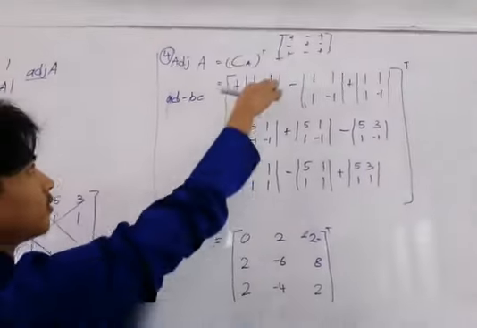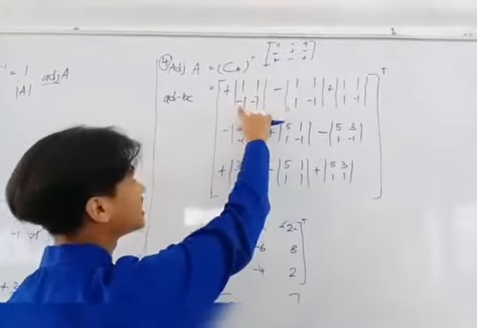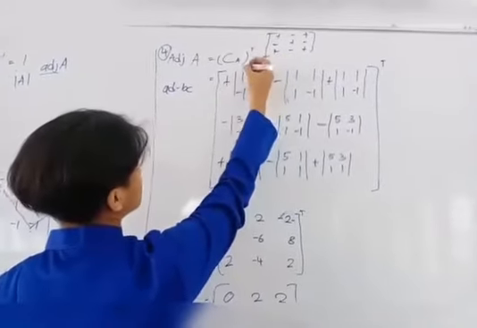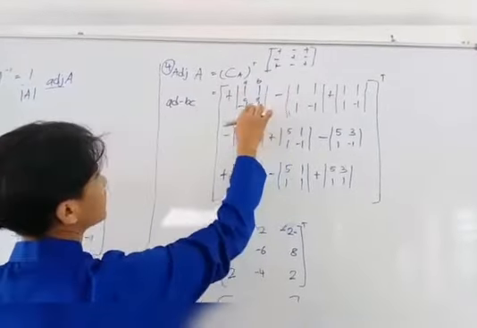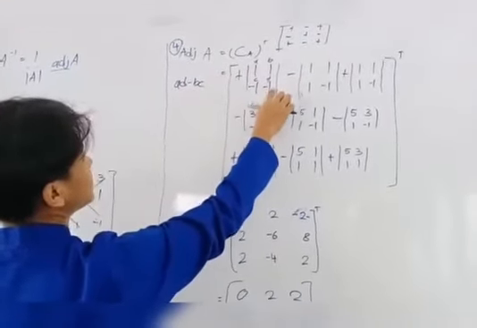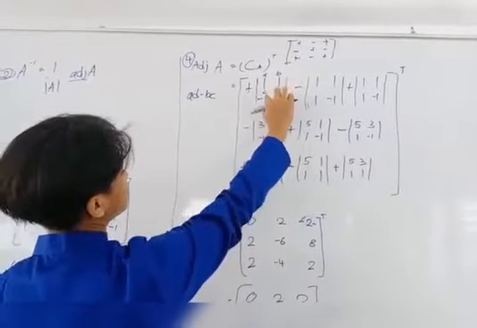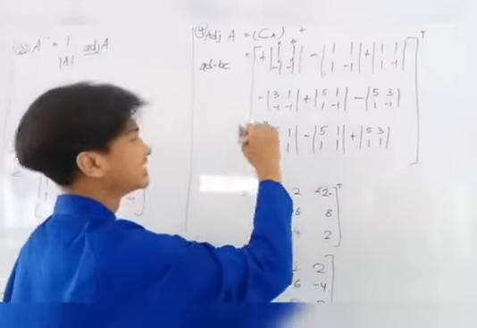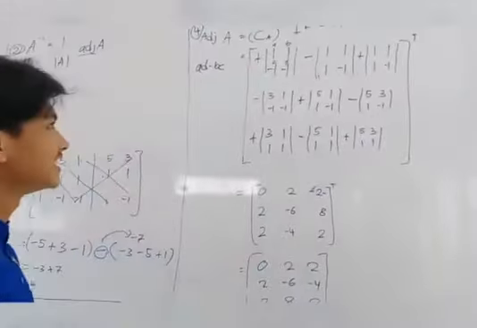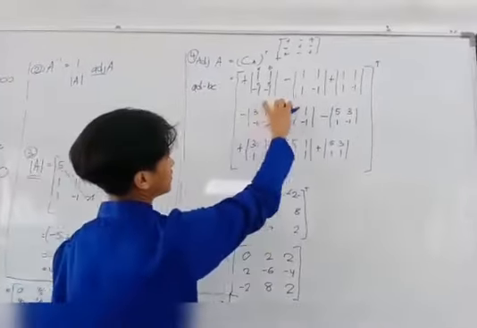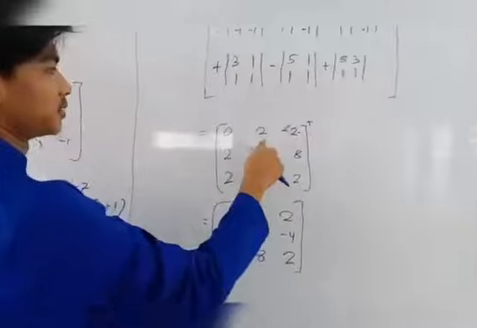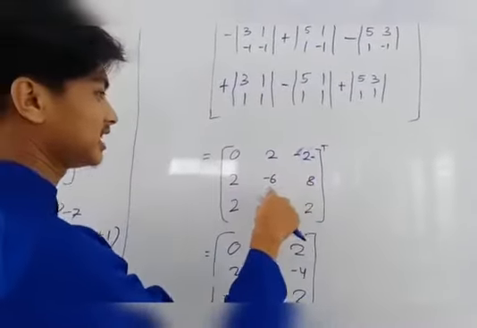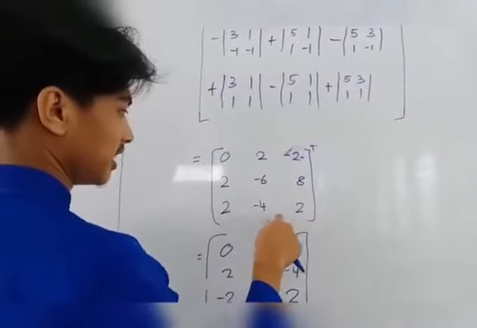For example, this one is negative 1 times 1, because this is A, B, C, and D. So AD minus BC. Okay, so we calculate this: 0, 2, negative 6, 2, negative 4, and 2.